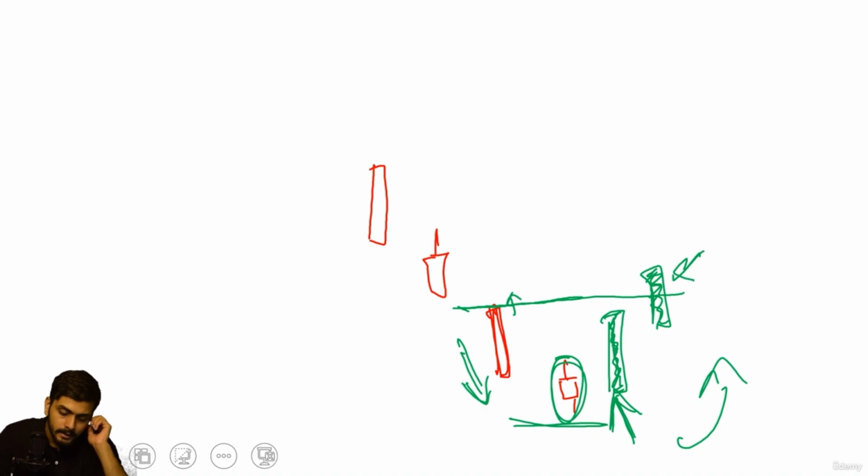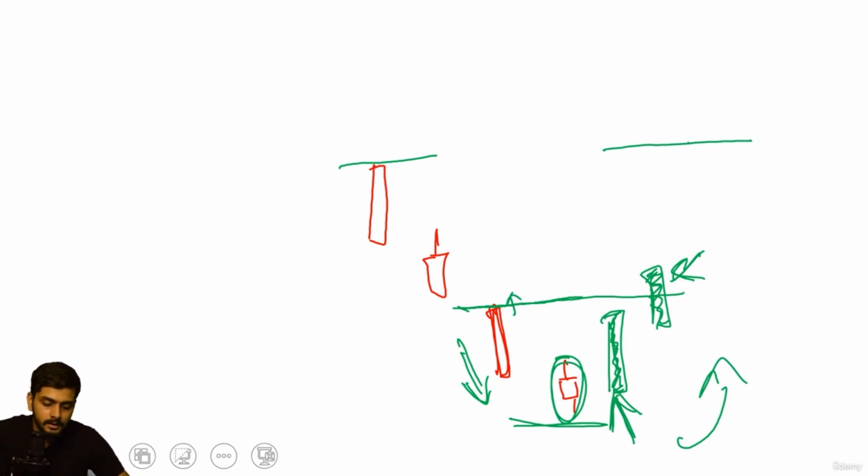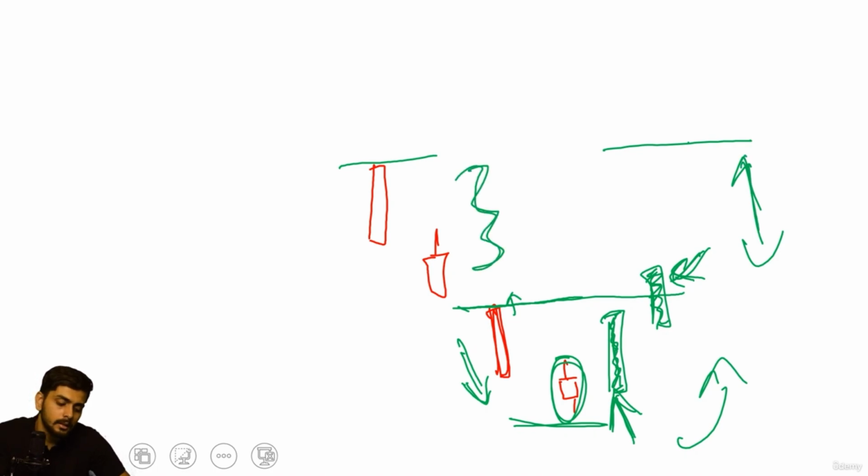So ideally this will be our entry point, and wherever the downfall has started can be our target, or using normal support and resistance, normal price action, wherever the market has given a resistance will be our target. This will be an ideal situation, but it will not generally present itself.